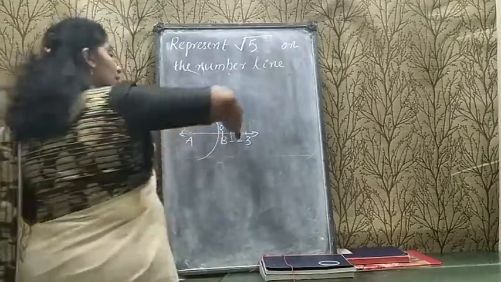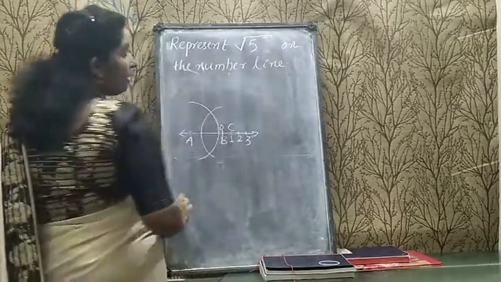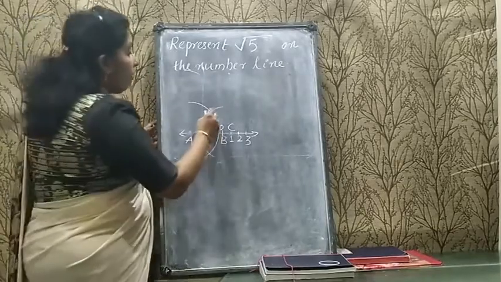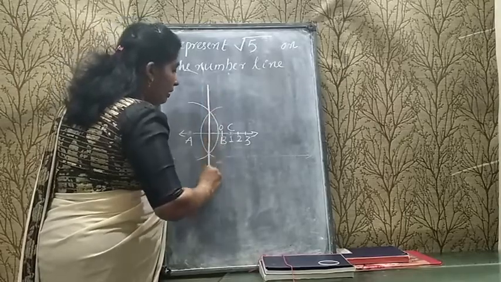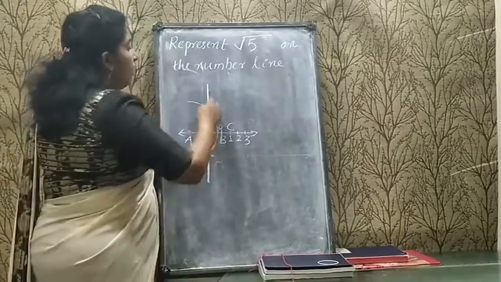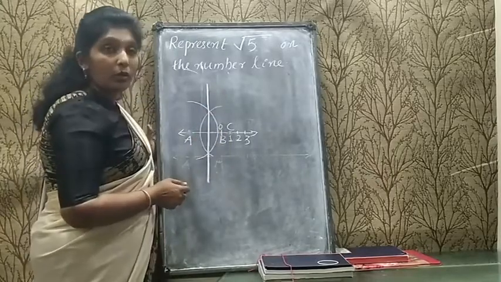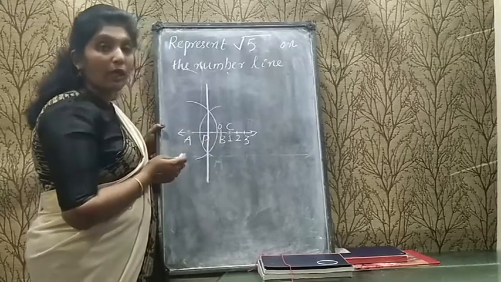Without changing the radius, keep at C and mark an arc. Now, these two intersecting points, you have to join. You have to use scale and compass for constructing. Okay. Then this is a perpendicular bisector. Now this point can be marked as P.